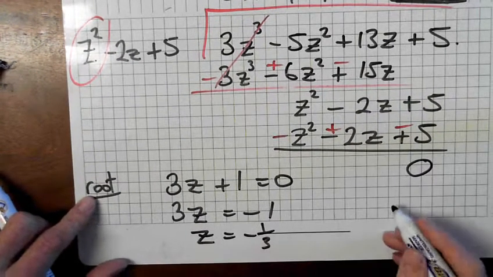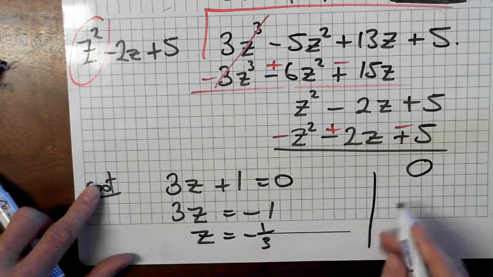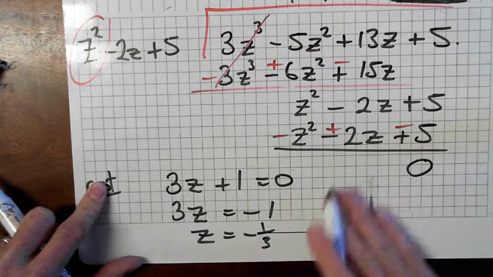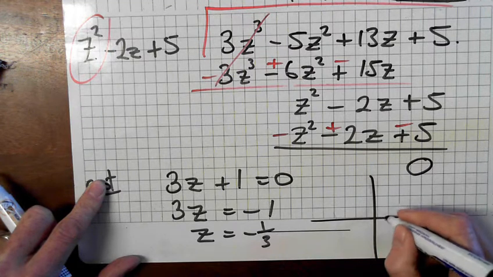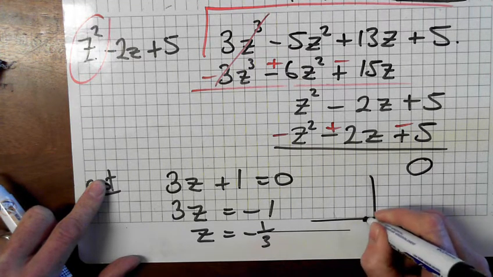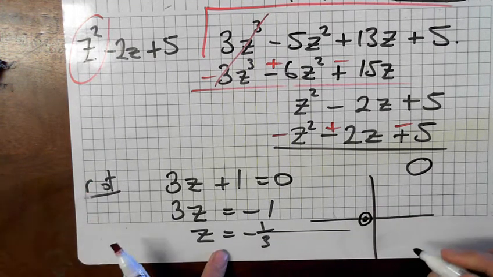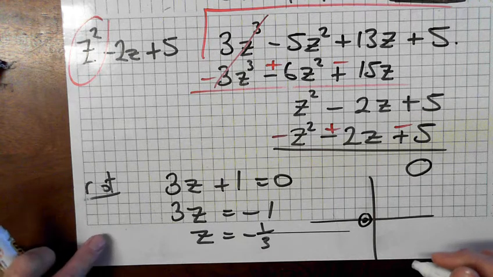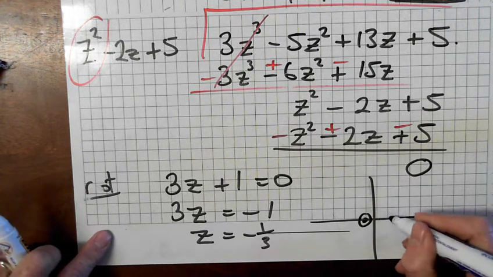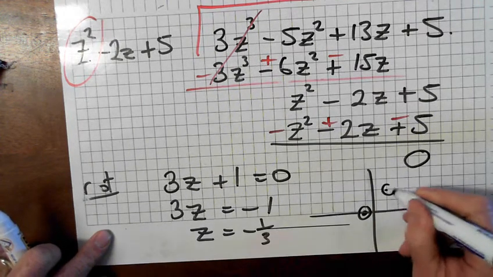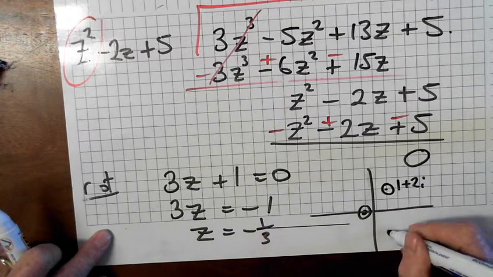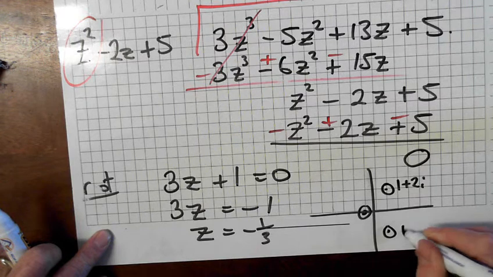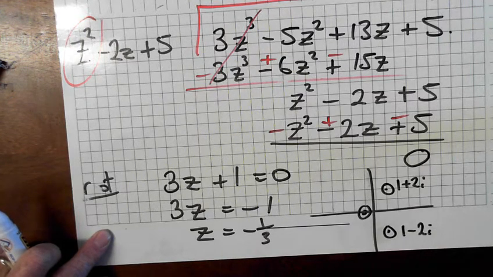Alright, so if you draw an Argand diagram, z is equal to minus a third, and the other 2 complex roots were 1 plus 2i, and the other one was 1 minus 2i. There were the three roots.